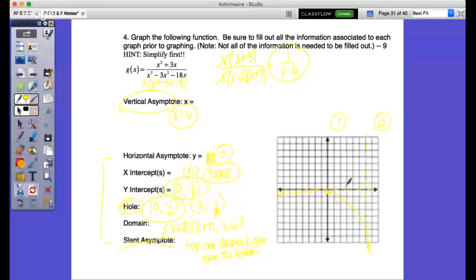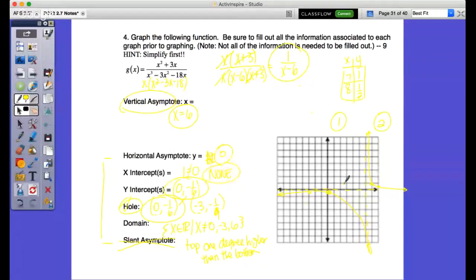Now on my T-chart, I don't have any values to the right of 6. So we're going to plug in like 7 and 8. Plug in 7, 1 over 7 minus 6, 1 over 1 is 1. Plug in 8, that would be 1/2. So that would be 7 and 1 and 8 and 1/2. So this would go this way and upward. Okay? And that would be the answer.